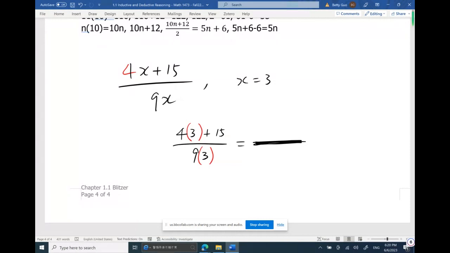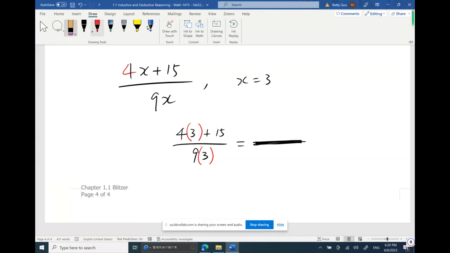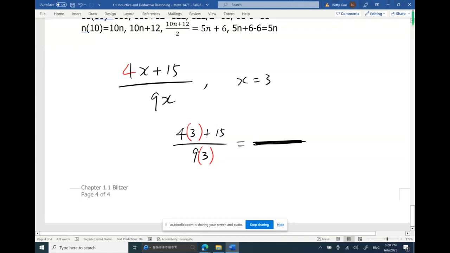Remember PEMDAS? We should take care of whatever is in the grouping symbol first, right? So let's take care of the numerator group. Numerator has multiplication, has addition. So we do the multiplication first. 4 times 3, 12. Plus 15, we have 27. That's the numerator.